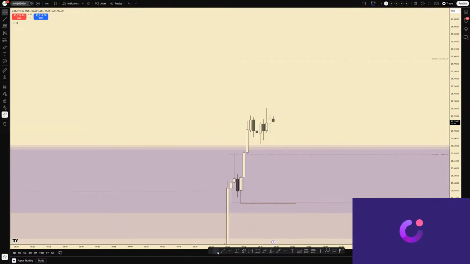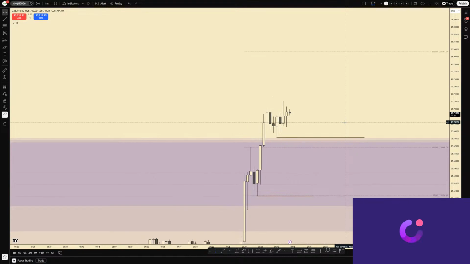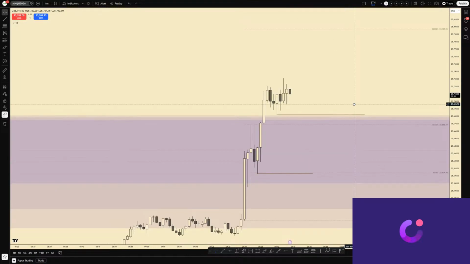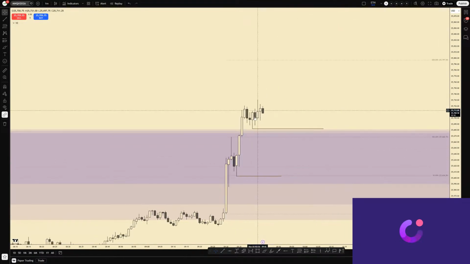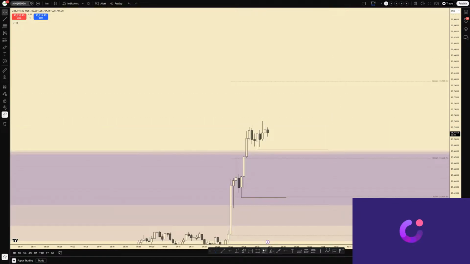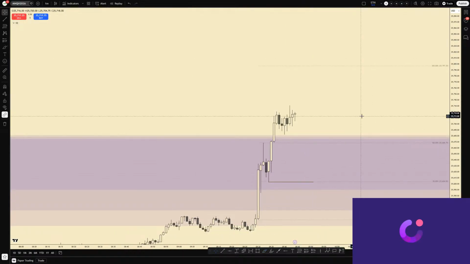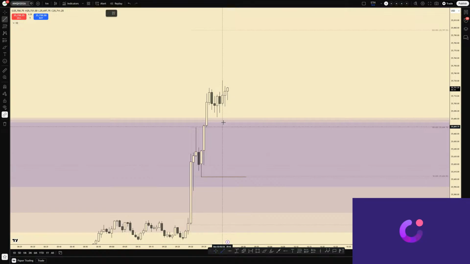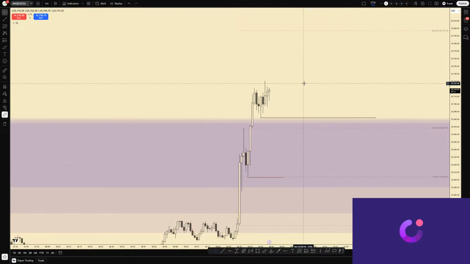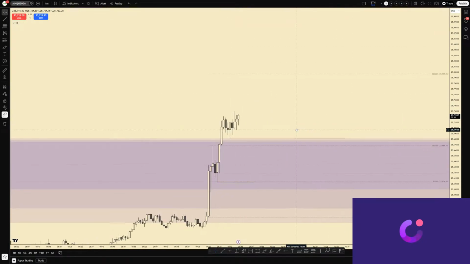Okay, so this one looks solid. We may take a long setup after price sweeping this and showing strength, or we might just skip this one to understand what is the tendency of current day's price action and try to get the second one.